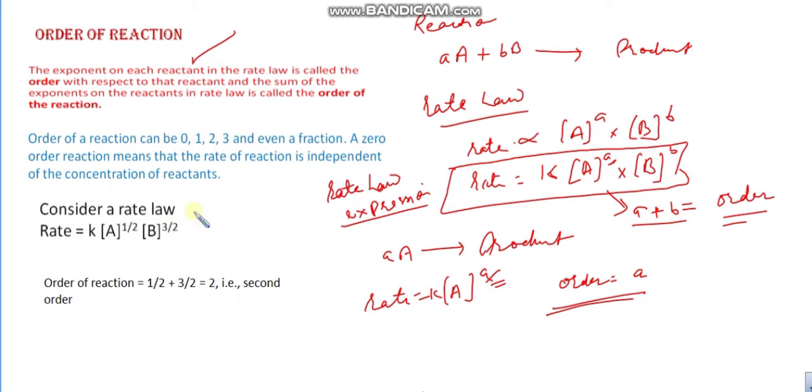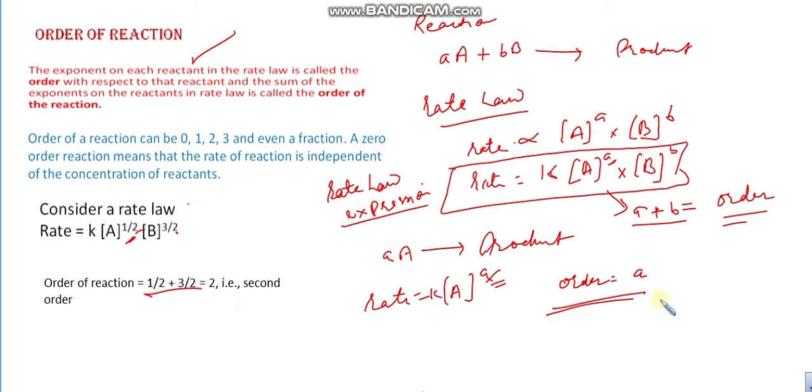So with the help of an example, it has been shown that for a reaction with concentration of A to this power and concentration of B to this power, the order will be the sum. And what is the exact definition?